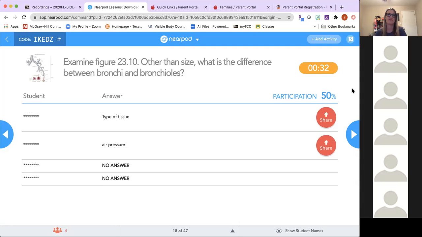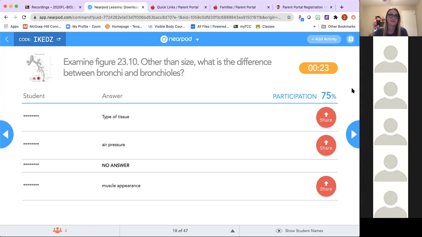Okay, we have 1 vote for type of tissue, 1 answer that says air pressure. Any other guesses? Muscle appearance. It's kind of almost going with that first one there.